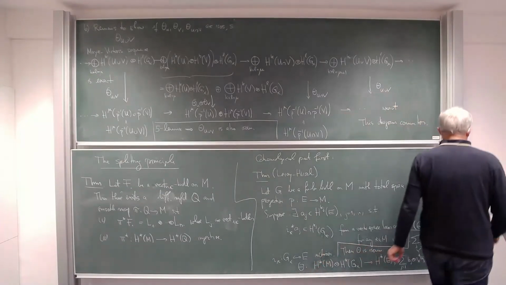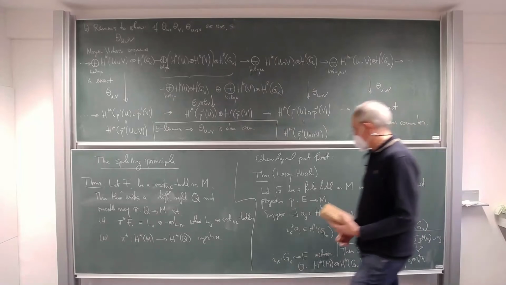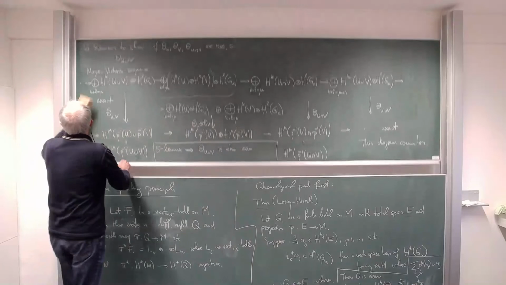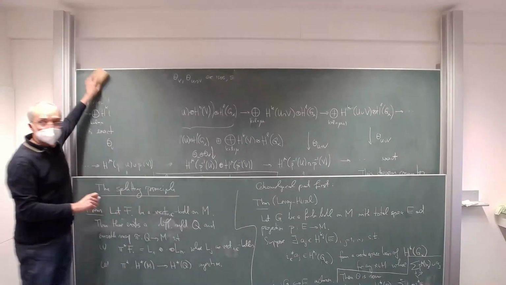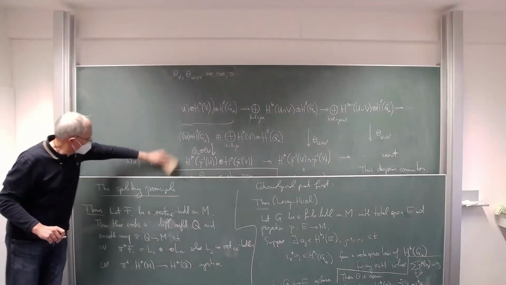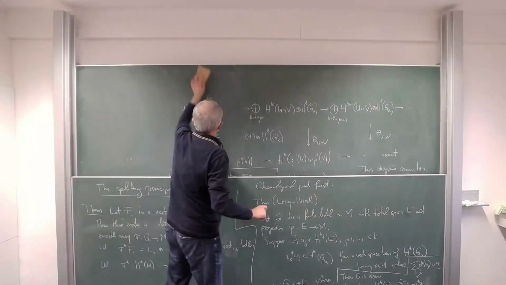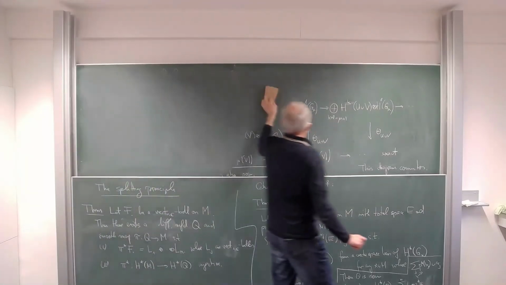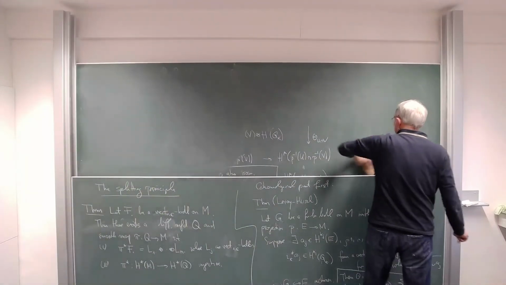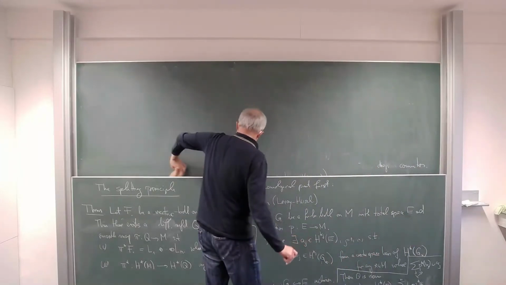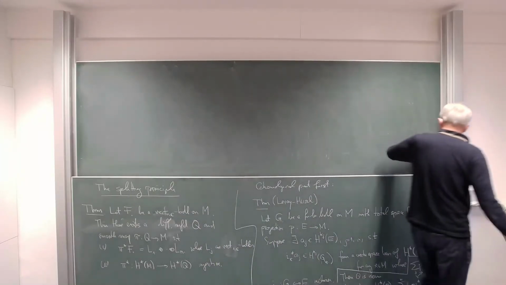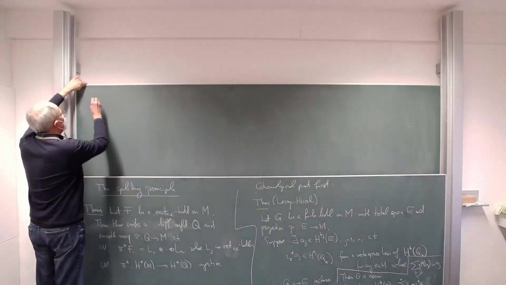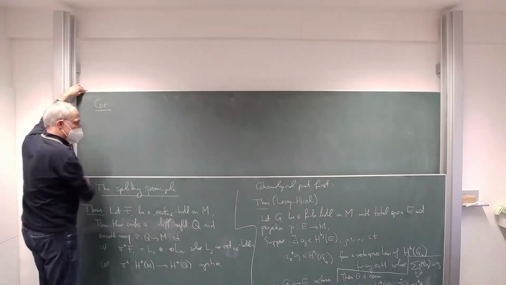Maybe I should explicitly state the corollary that in this situation where the Leray-Hirsch theorem applies, the homology of the base manifold embeds into the homology of the total space. Let's just note that for reference.